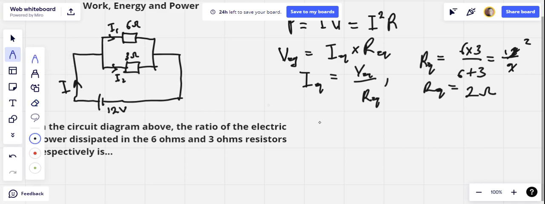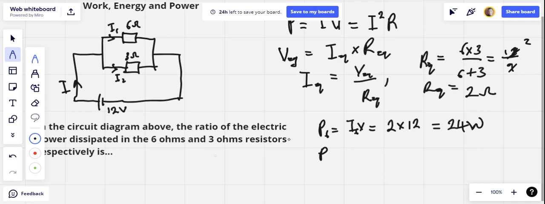Now the power P through the 6 ohm resistor will be IV, or current through the 6 ohm resistor, which as we calculated was 2 amps. So that would be 2 times 12. 2 times 12 will give us 24 watts.